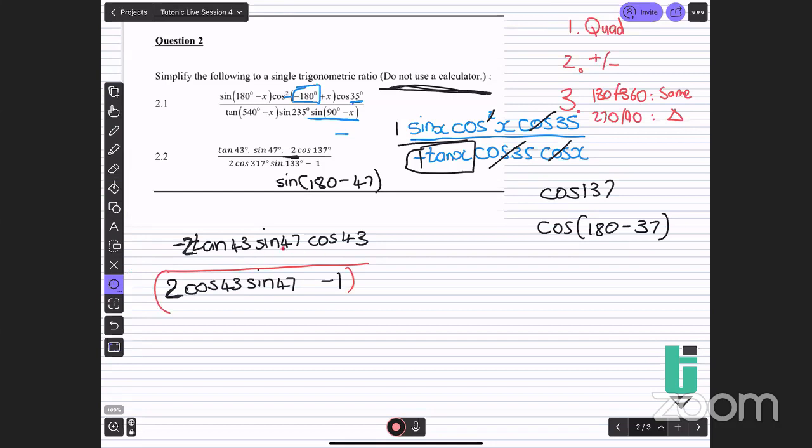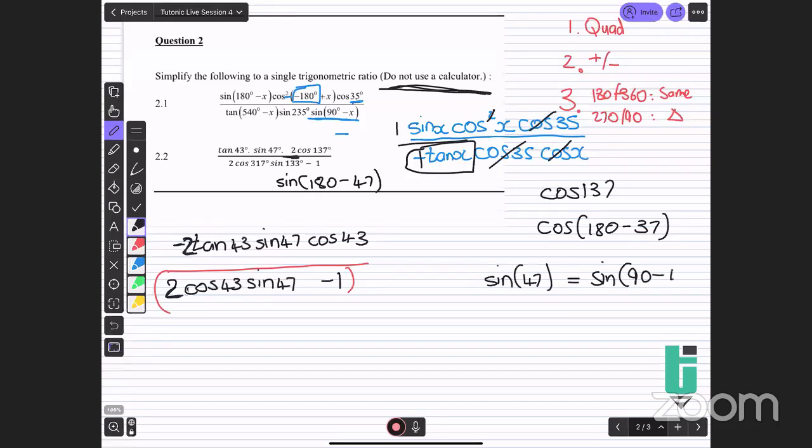Do you see that? Sine 47 is equal to cos 43 because it's 90 minus. Sine 47 is sine of 90 minus 43.